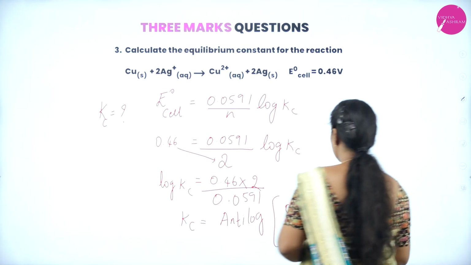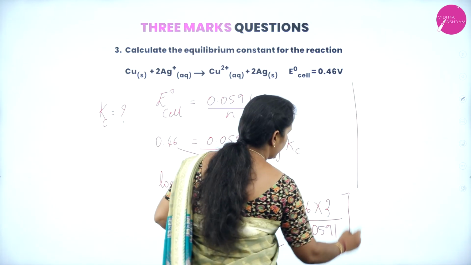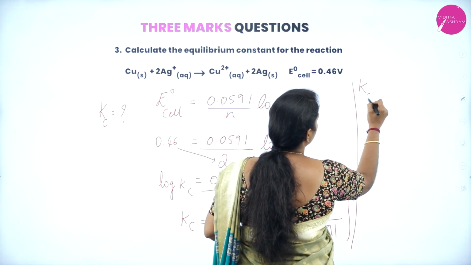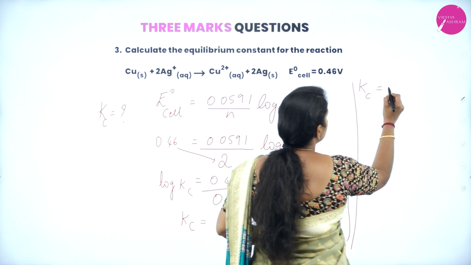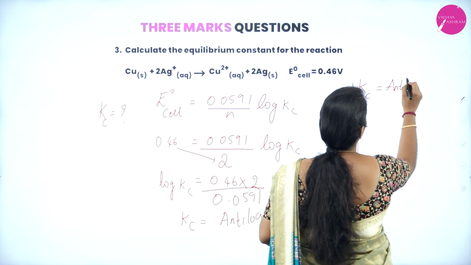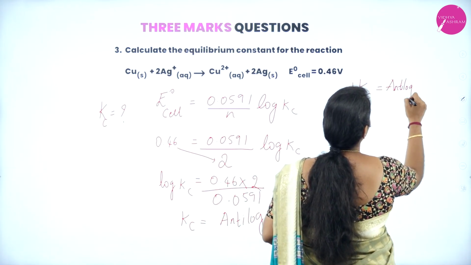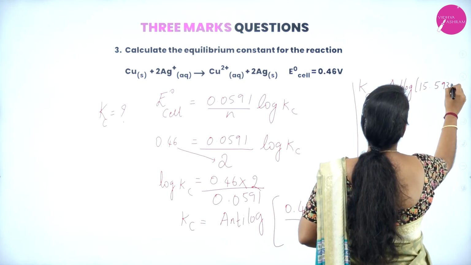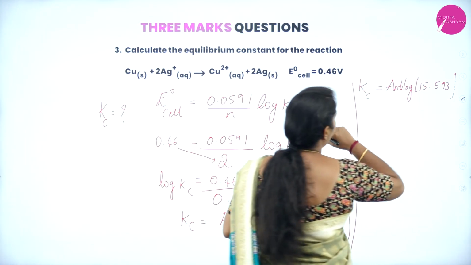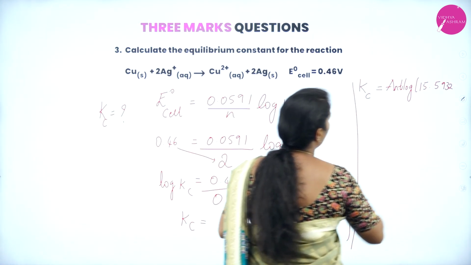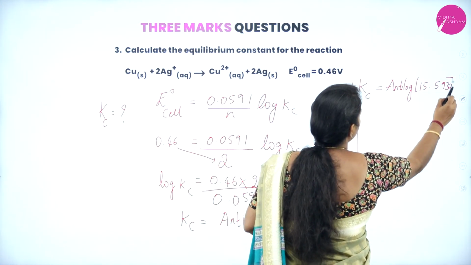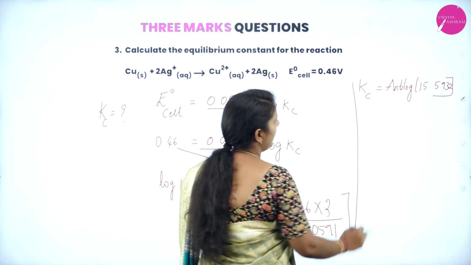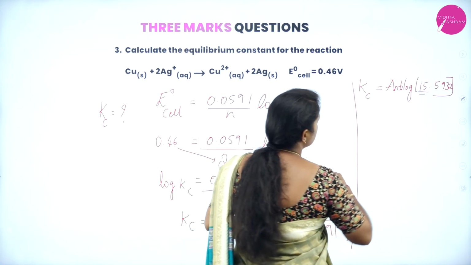First, you get the value for this and find out the value of Kc. So, it is the anti-log of 15.5932.